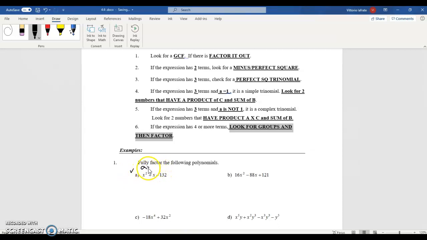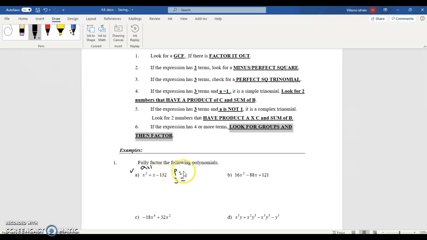So this is a simple trinomial, and we just want to find a product and a sum. So two numbers that when you multiply them, you get negative 132, and when you add them together, you get positive 1.